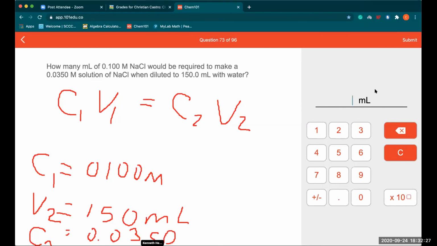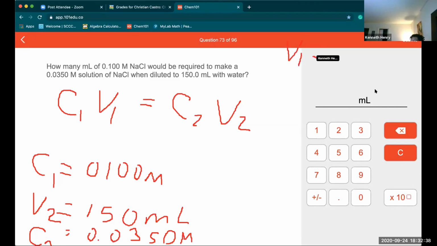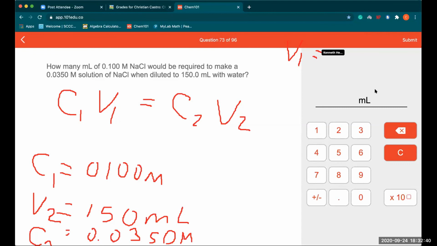So you're solving for V1, right? Yes. So will the answer be 52.5?